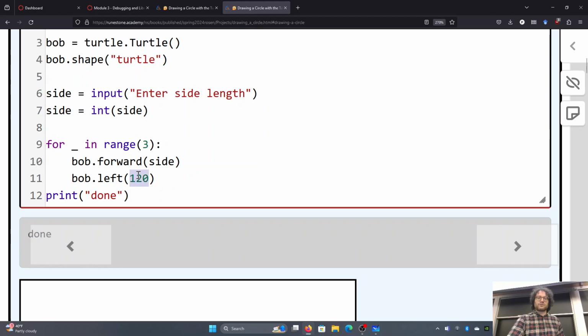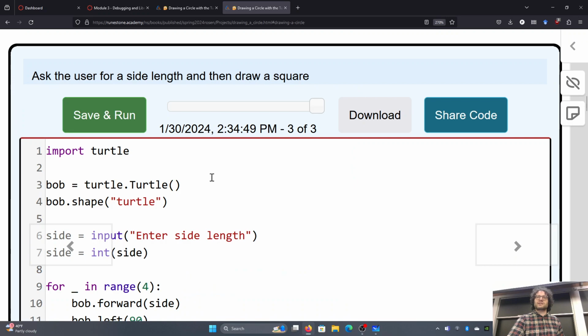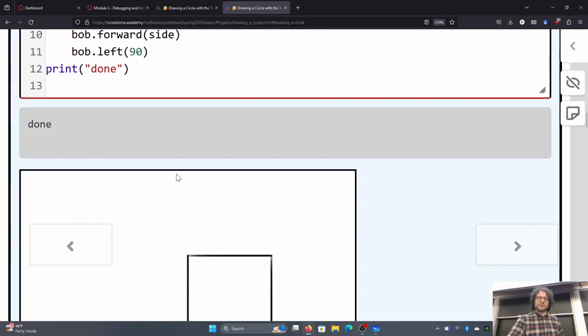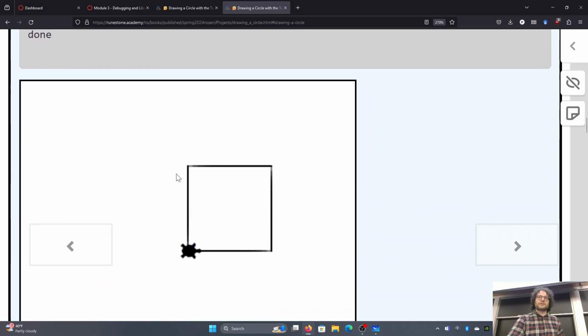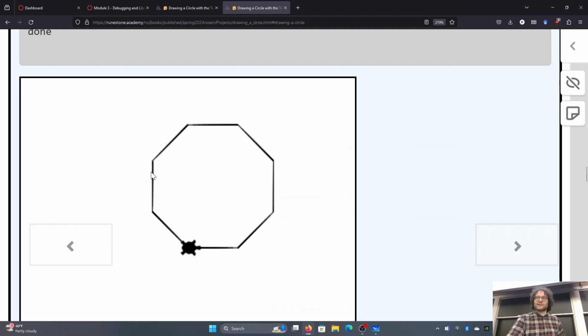Look at this. 3 120-degree turns, that's 360. 4 90-degree turns, that's 360. 8 45-degree turns, that's also 360. 8 times 45 is the same as 4 times 2 times 45, which is the same as 4 times 90.